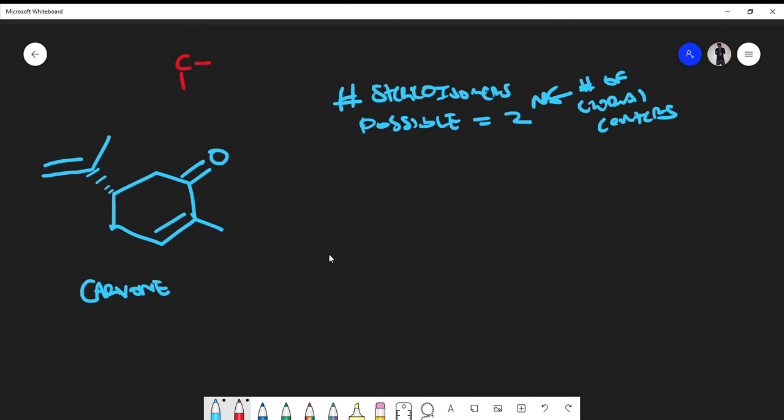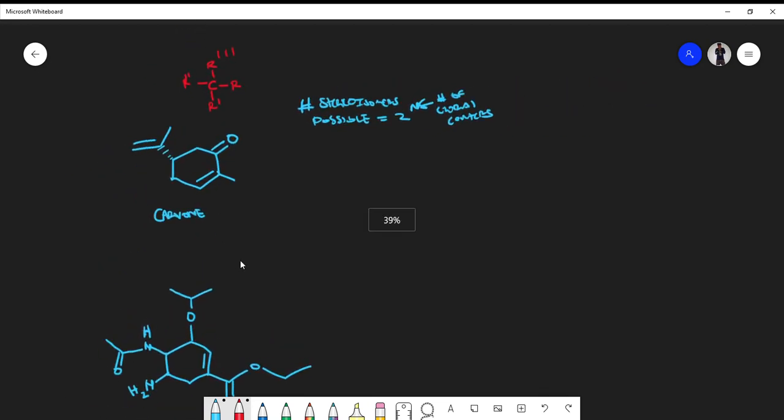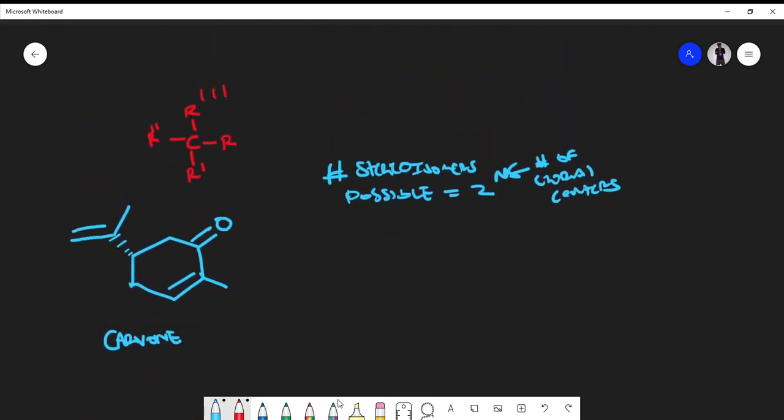So essentially I have a carbon, I could have an R bonded to it, an R prime, an R double prime, and an R triple prime. So there's 4 different things bonded to this carbon, and we denote this carbon as being chiral.